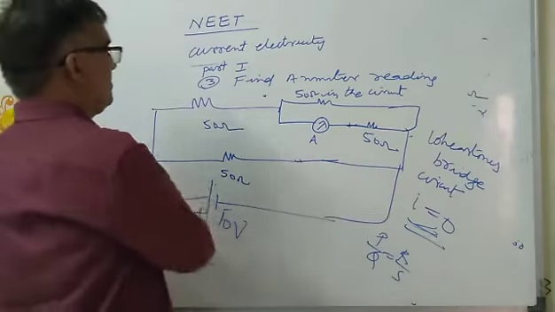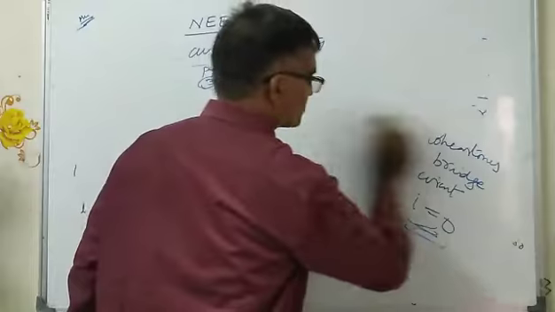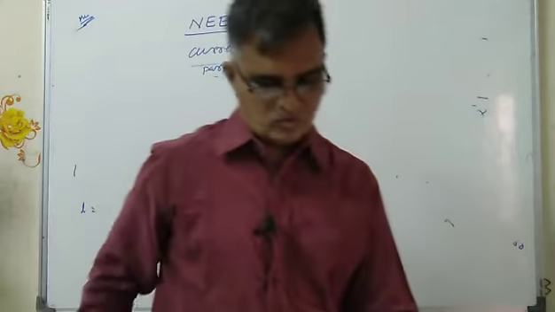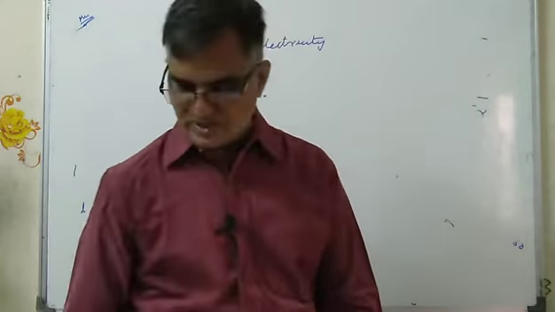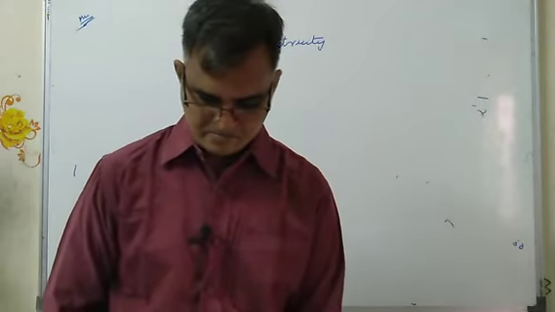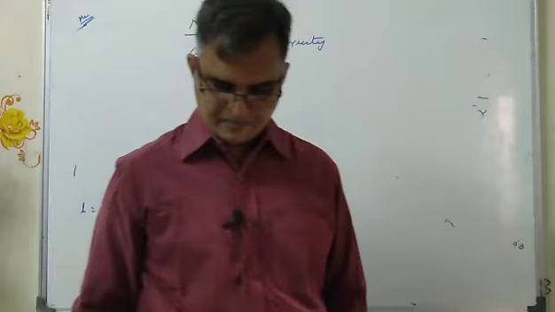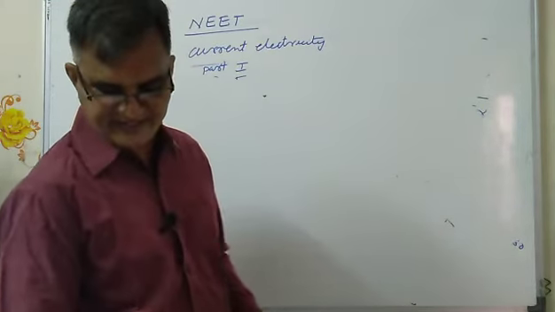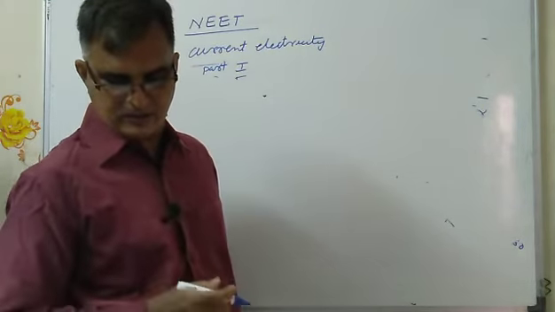This is one more problem. And next we have another problem. Now here in this, find the reading of the voltmeter of resistance 400 ohms in the circuit.